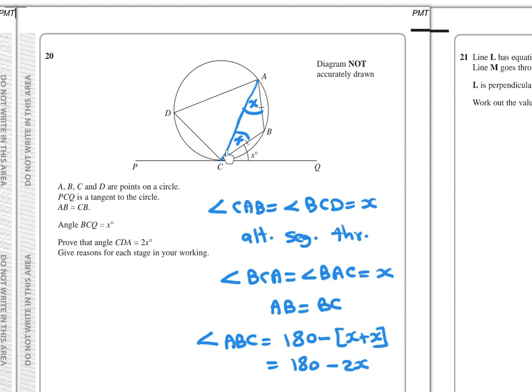And because ABCD is a cyclic quadrilateral, you can deduce that angle D plus angle B equals 180.